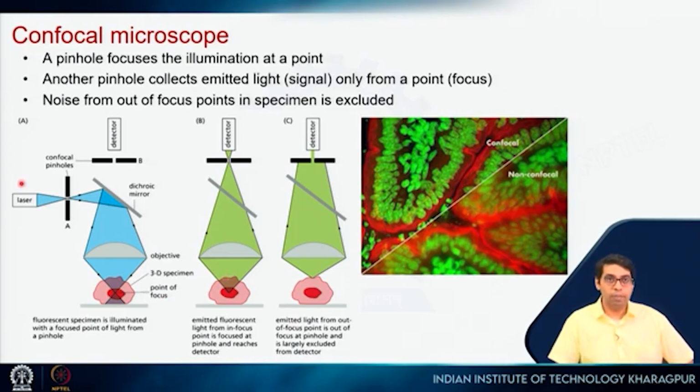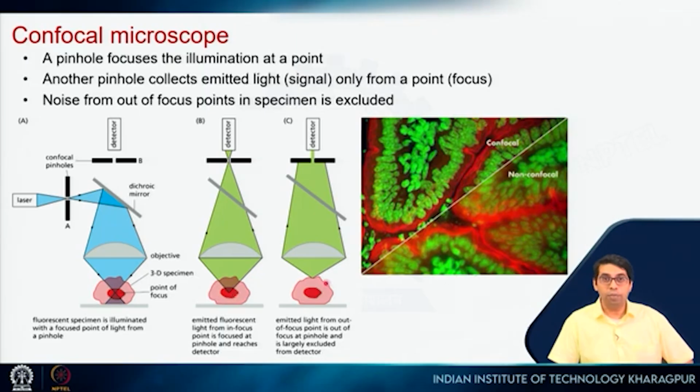In this case what happens is that there are two pinholes, one for the source and one for the detector. So, the blue light emitted from the laser is focused at a particular point on your specimen, and then the green light that comes out is again focused into the detector.